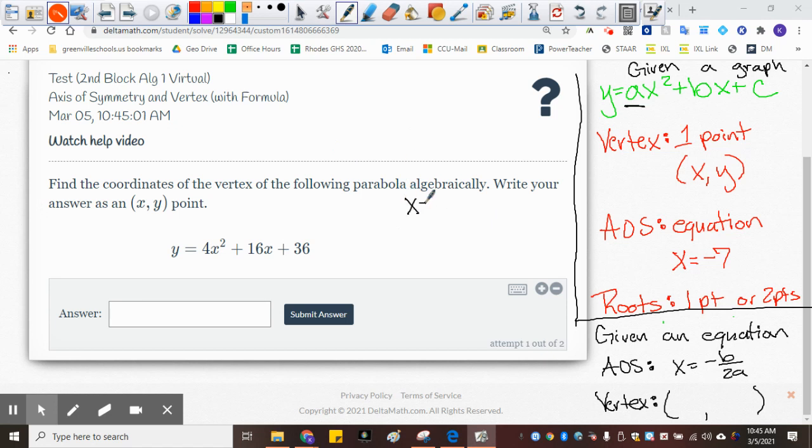So you still have to do negative b over 2a. So a is, b is, and c is. A is 4, b is 16, c is 36. Those are some pretty big numbers.